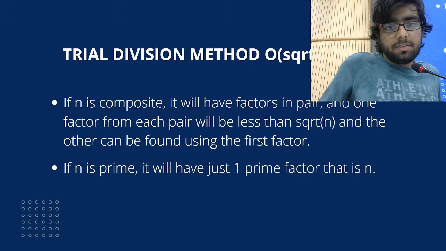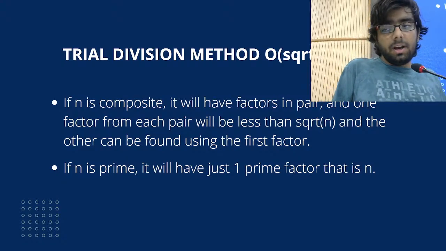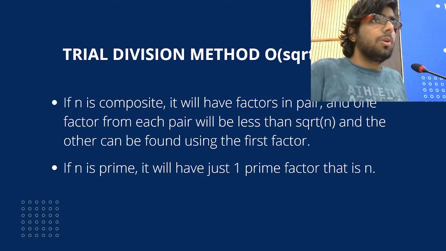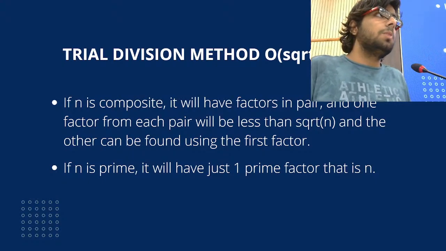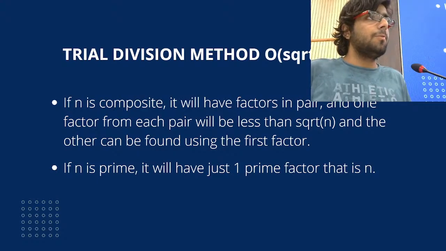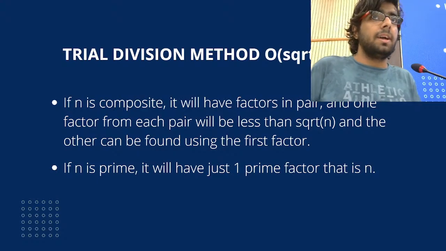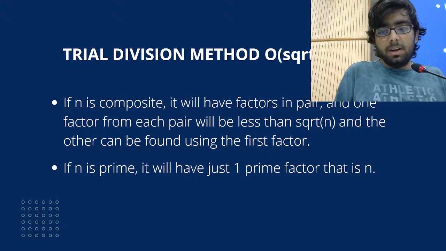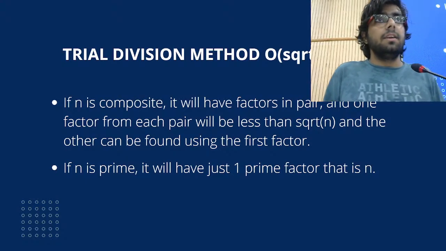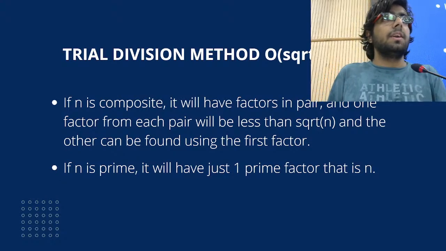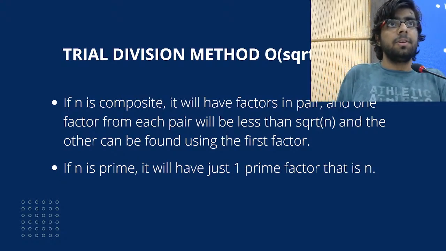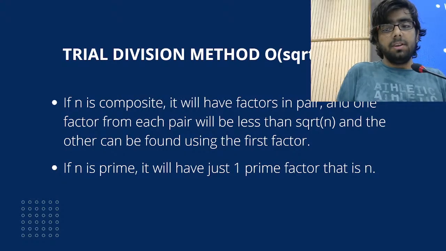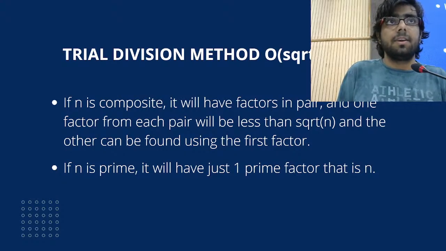Division method: if n is composite, it would have a factor between 1 to root n. So we keep on checking from 1 to root n whether there is a factor or not. And if we find a factor, we keep dividing by that factor till it is divisible. And if at the end we are left with a number greater than 1, then it's the largest prime factor of n. And if we end with 1, then we have just done the prime factorization.